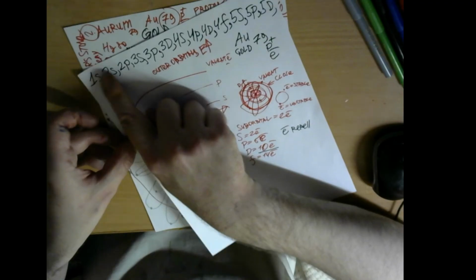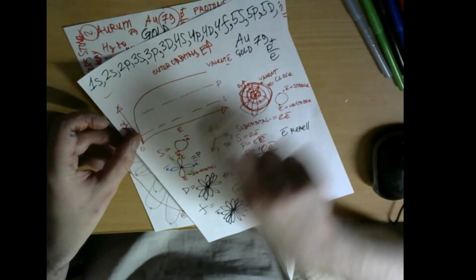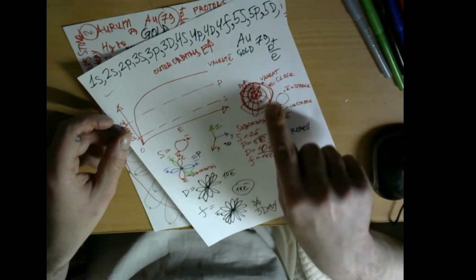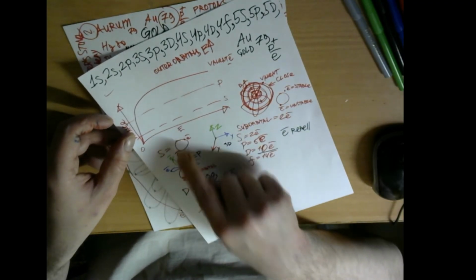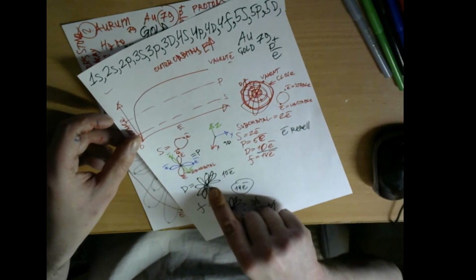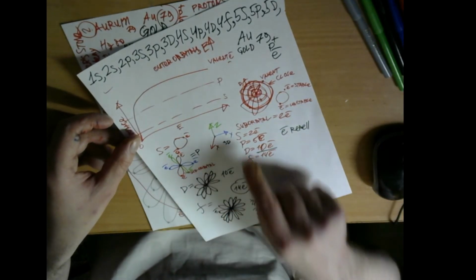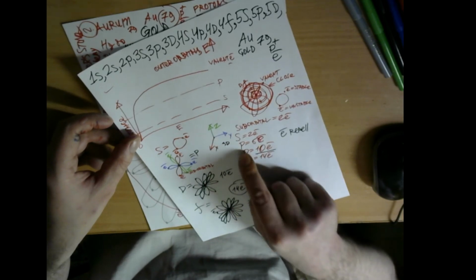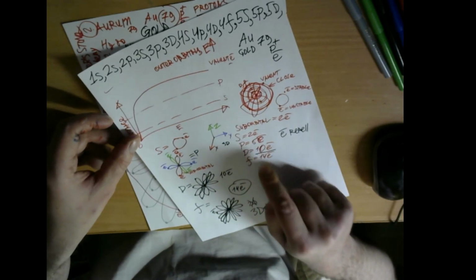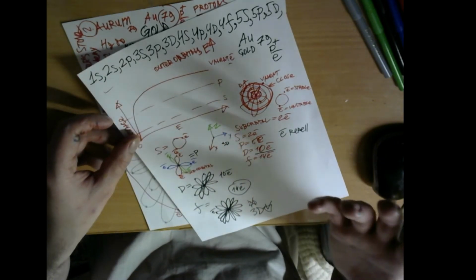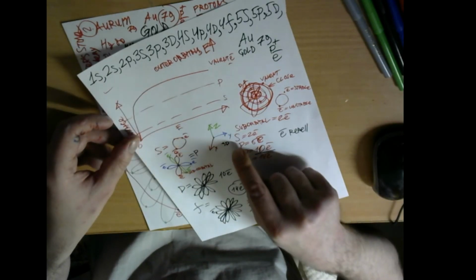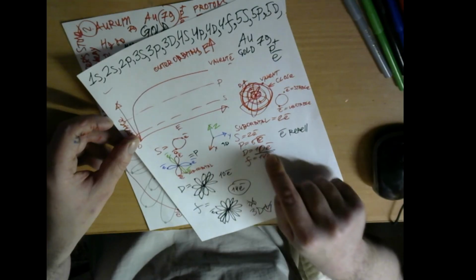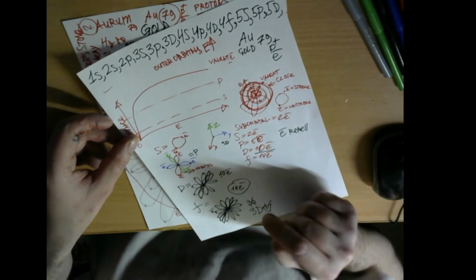Here, once again, the number of orbitals. Here is the distance of orbitals due to their energy. Here's s orbital, here's p orbital, here's d orbital, here's f orbital. The number of electrons in s is 2, in p is 6, in d is 10, in f is 14.